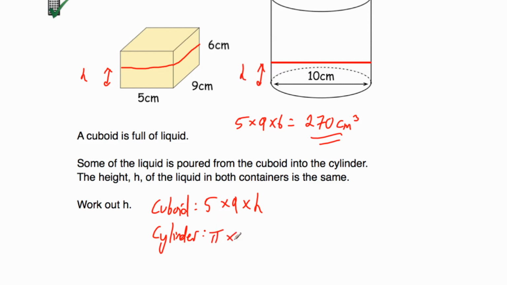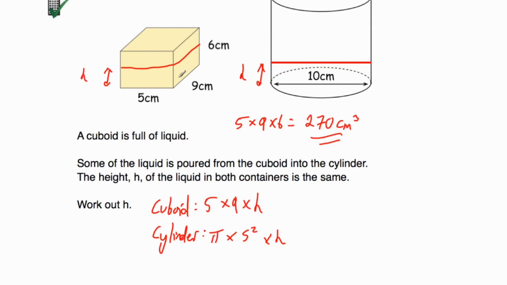So we're going to do pi times r squared, the radius, which is 5 squared. That'll be the area of the circle. And then we multiply by how deep the liquid is, so times by h. So that's the volume of liquid in the cuboid, 5 times 9 times h, and this is the volume of liquid in the cylinder, pi times 5 squared times h.